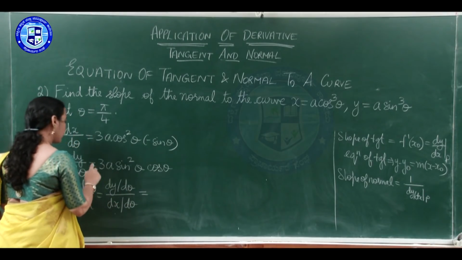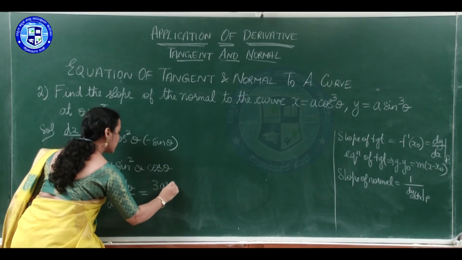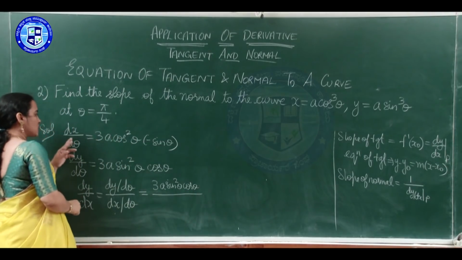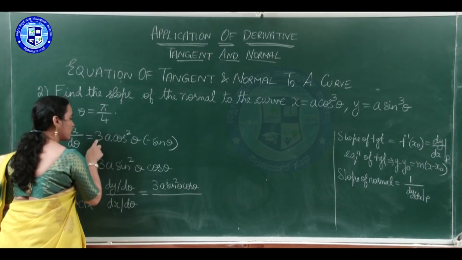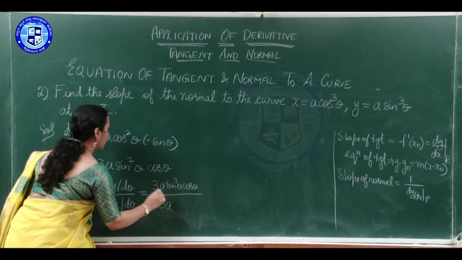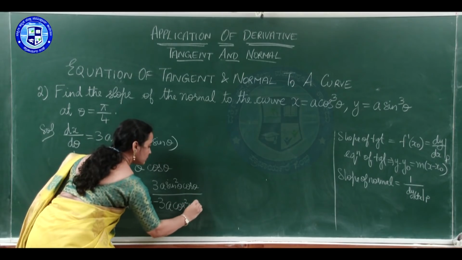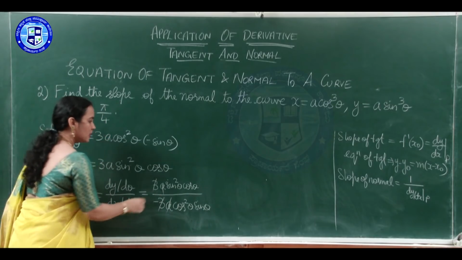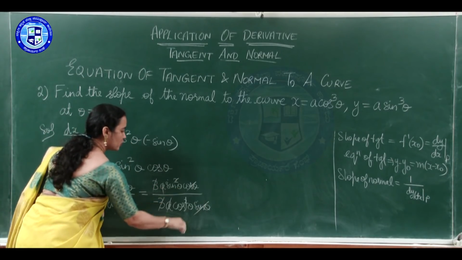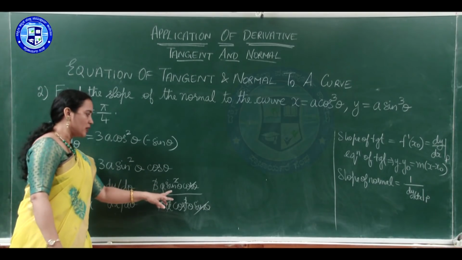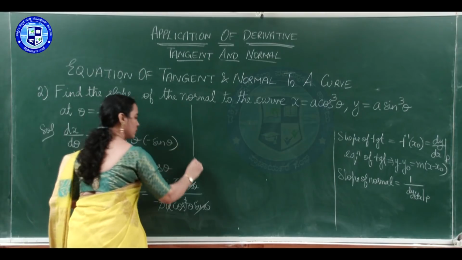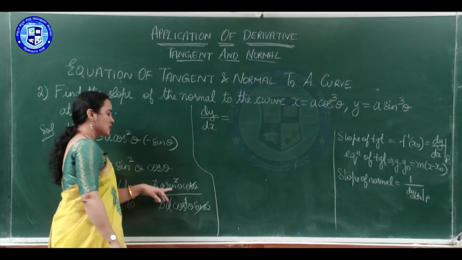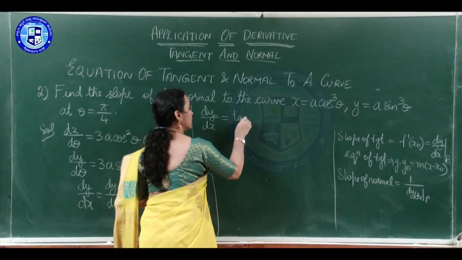Dy by d theta, we got it as 3a sin square theta cos theta upon dx by d theta will be, I will take this minus in front, so it will be minus 3a cos square theta sin theta. 3 and 3 will get cancelled, a will also get cancelled, one of the sin theta will get cancelled and one of the cos theta will get cancelled. So, the remaining will be sin theta by cos theta. So, you will have dy by dx is equal to sin theta by cos theta, which is nothing but tan theta.